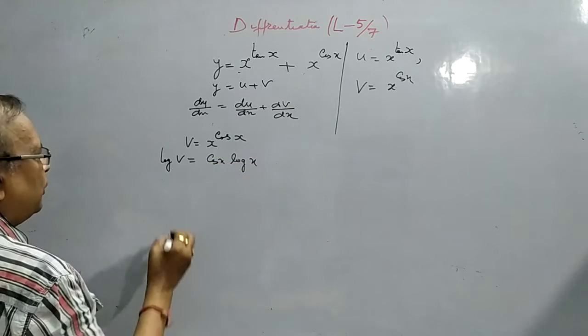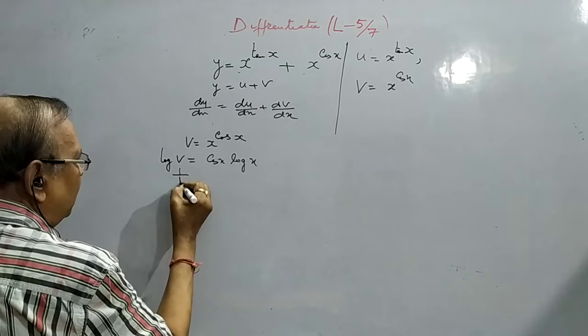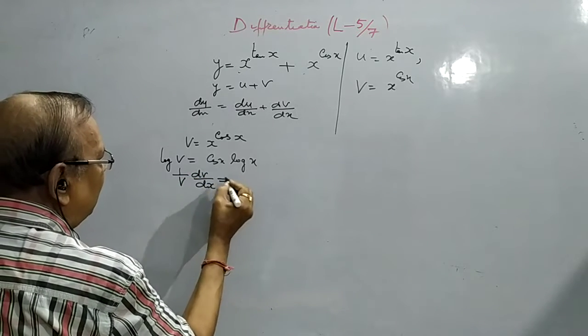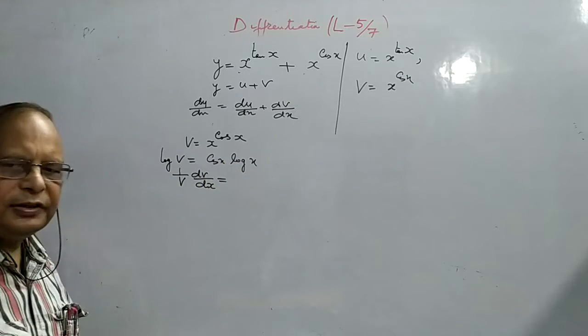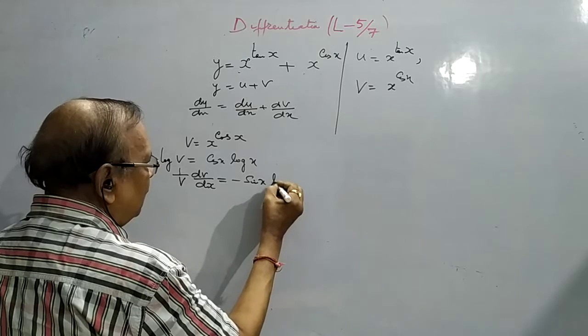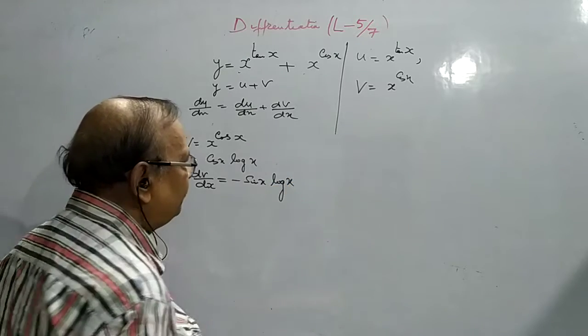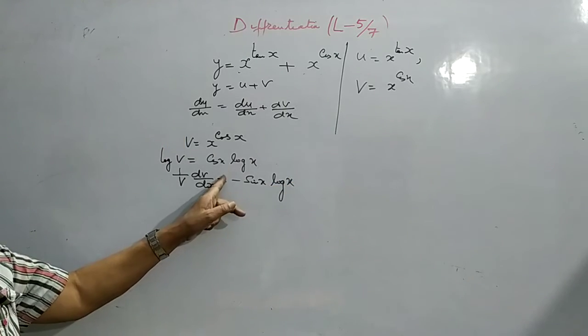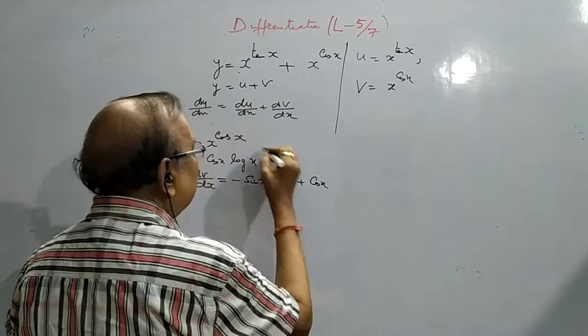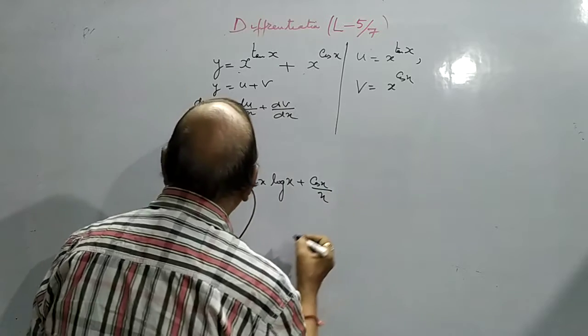Again, using product rule, what we get? 1 upon v dv by dx is equal to differentiation of cos x, that is minus sin x, log x, plus cos x as it is times d by dx of log x, that is 1 upon x.